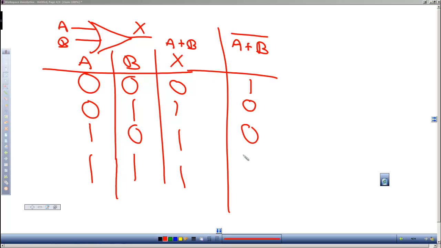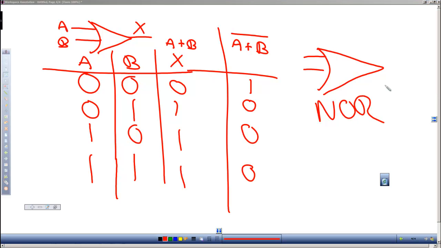If A or B was a 1, A or B NOTed would give us a 0. The symbol for the gate, called a NOR gate, looks like an OR gate with the NOT circle at the end. So that would be a NOR gate.